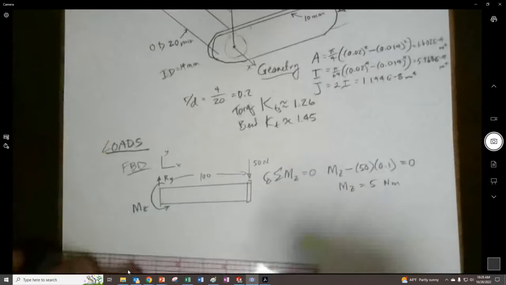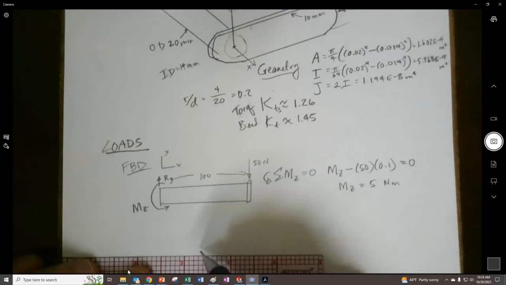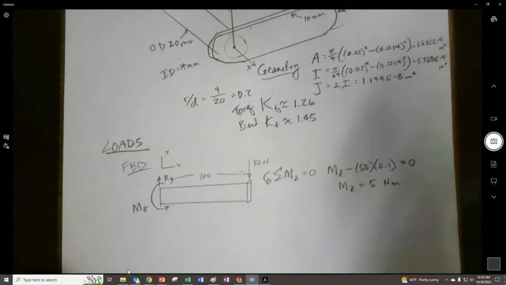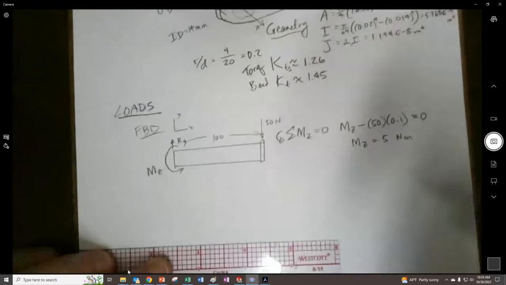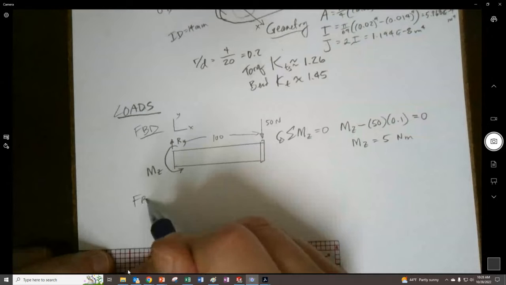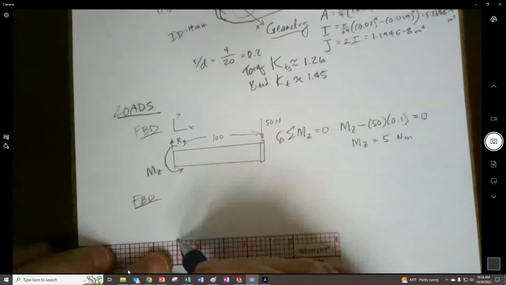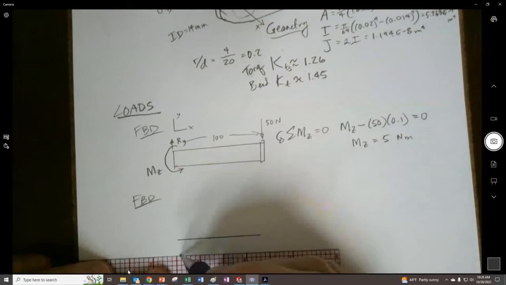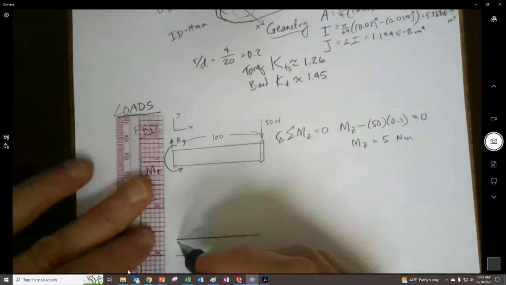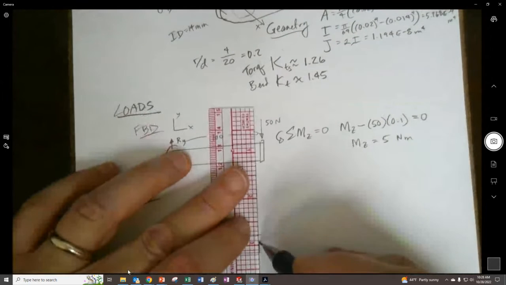All right, and then I want to do the top view of this. So in a top view FBD, I would draw it like this right here, and I like to draw them right underneath. I give them aligned sometimes.